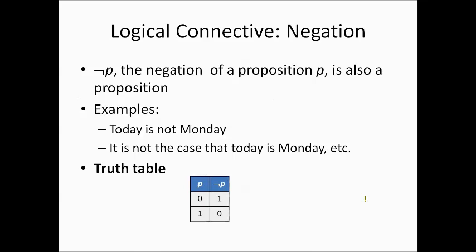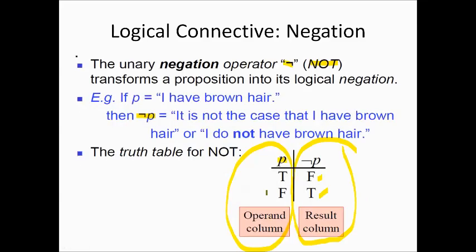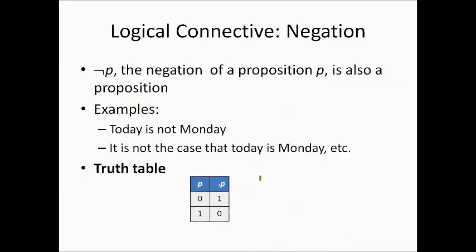So again, not P is the negation of a proposition P. It is also a proposition. For example, today is not Monday. It is not the case that today is Monday. From the previous slide, we used true or false. I just want to show you that we can also use 0 and 1.